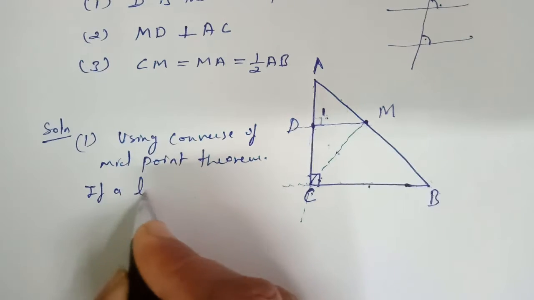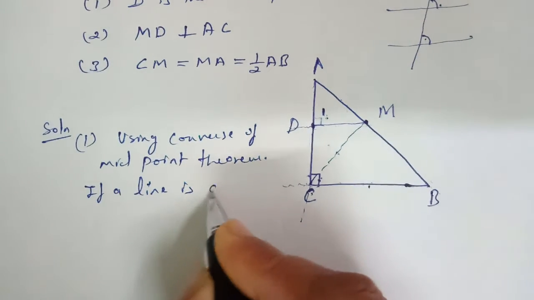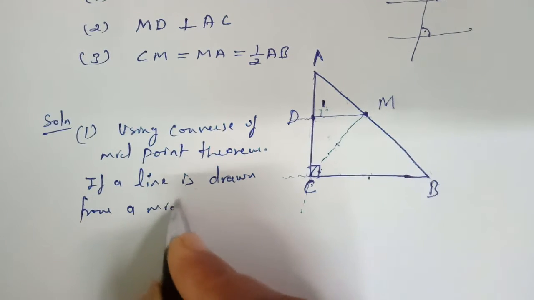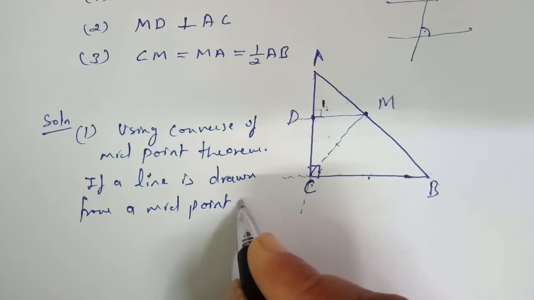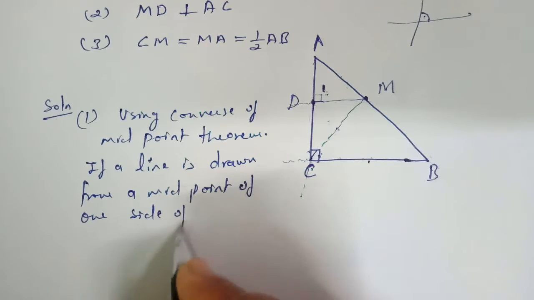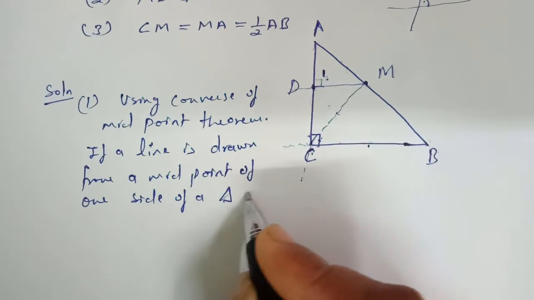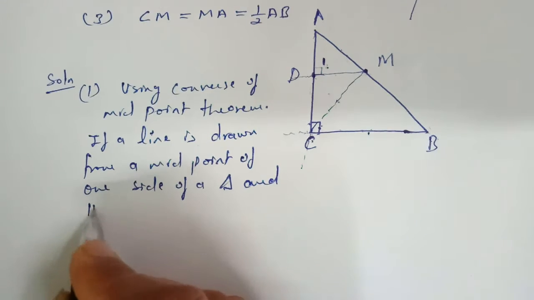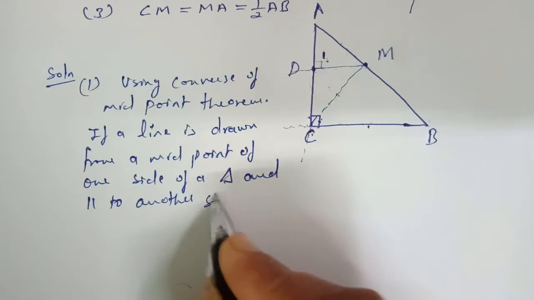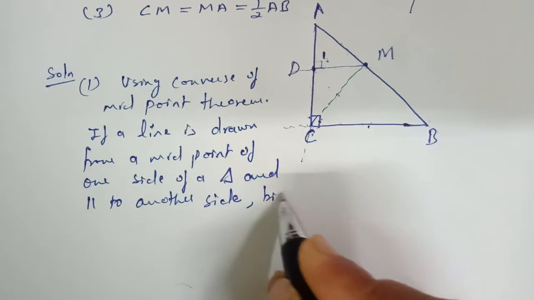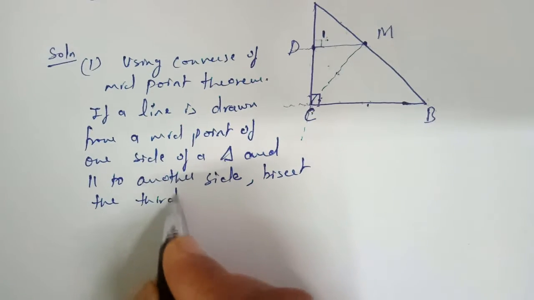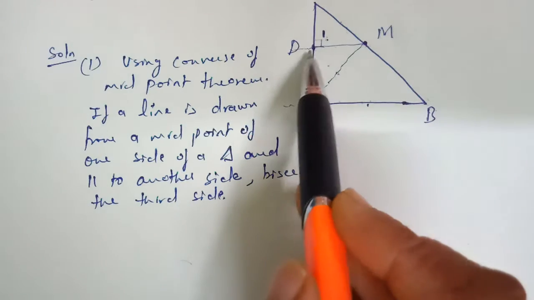If a line is drawn from a midpoint of one side of a triangle and parallel to another side, it bisects the third side. So this will be the third side.